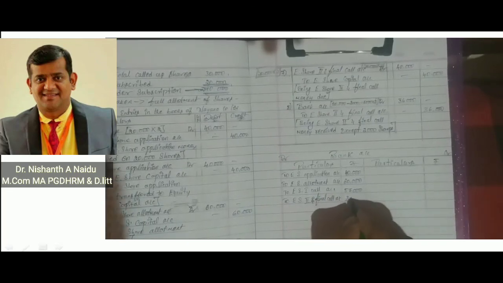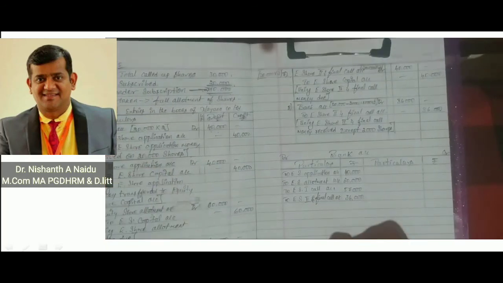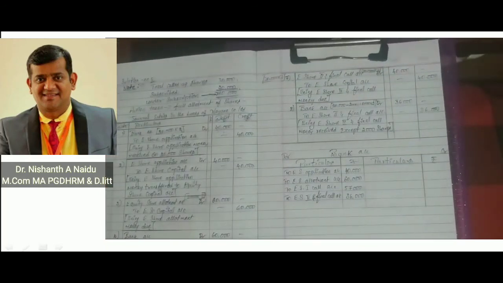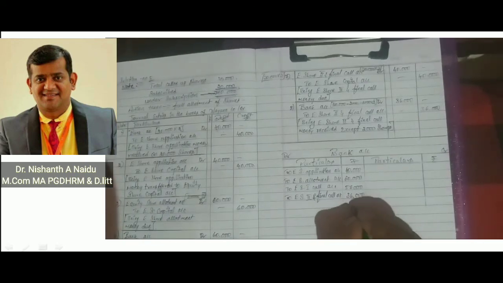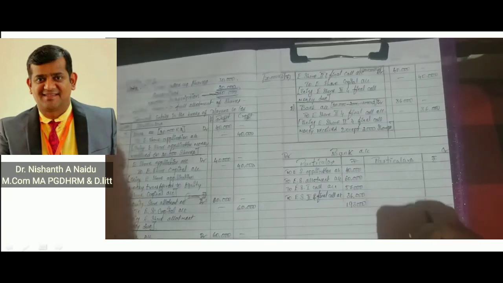So now total, how much are you going to get? Use the calculator: 40,000 plus 60,000 plus 57,000 and plus 36,000. So we are going to get 1,93,000 on both sides.